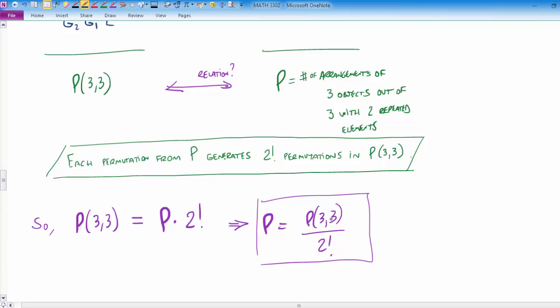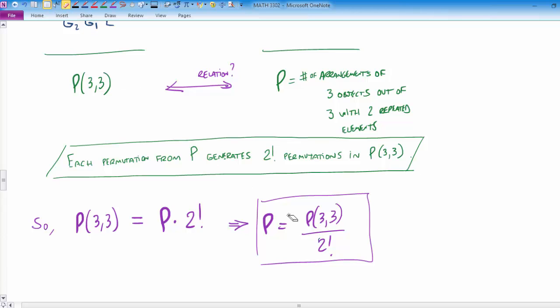P(3,3) is when we consider all letters to be distinct. But if two of them are identical, then in order to get rid of the order of those two letters, we divide by 2 factorial.